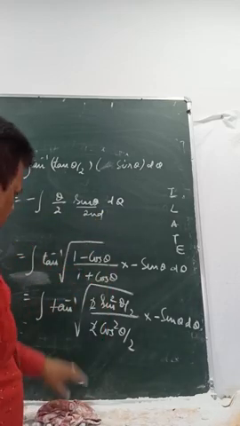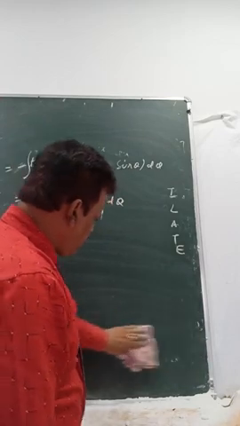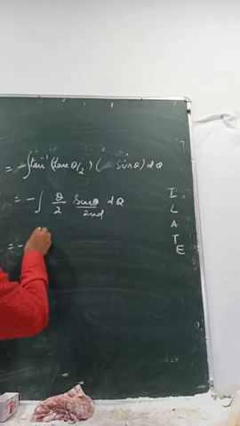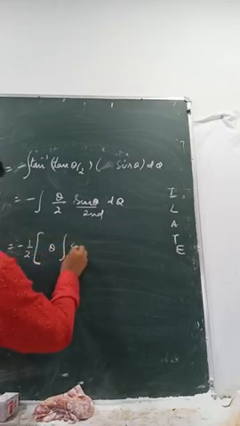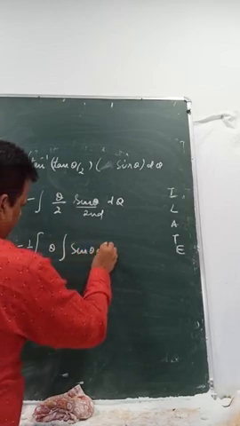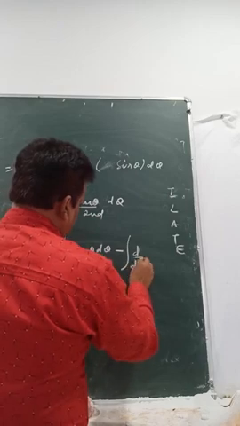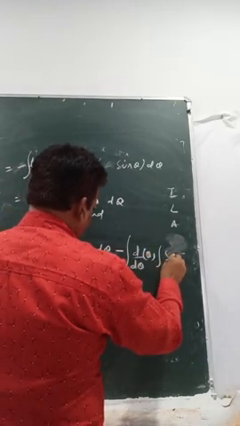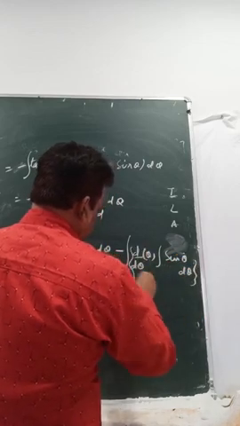So half I can keep outside. Remember the formula every time. Minus half, first function integration of second, minus integration of derivative of first, integration of second, d theta.